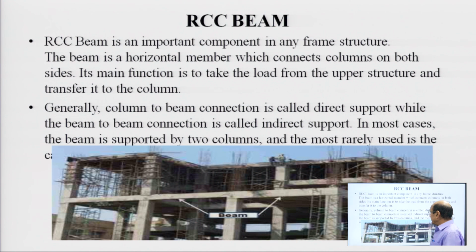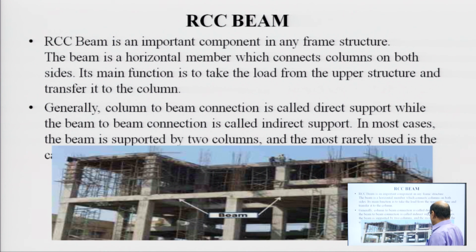In most of the cases, the beam is supported by two columns. And you can see here, this is an under construction building where these are the beams, these are the columns, it is shown quite comfortably, and this is the reinforcement.